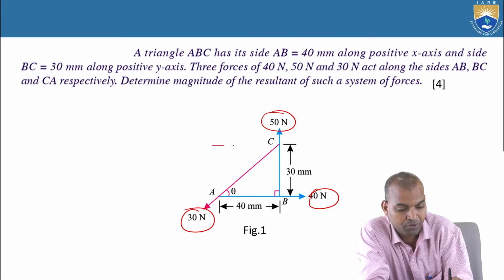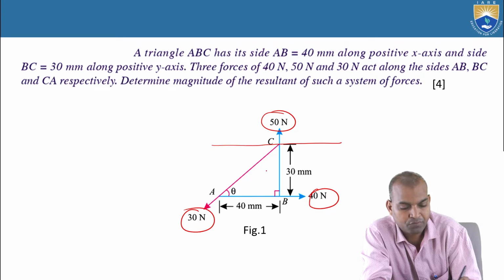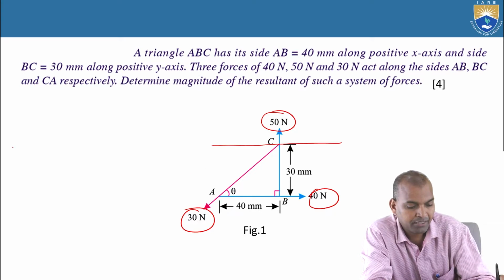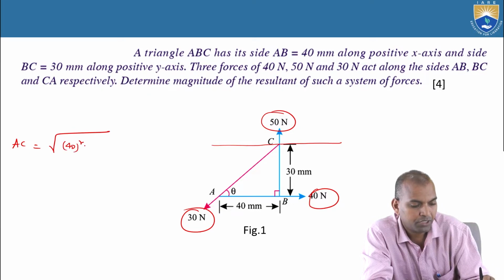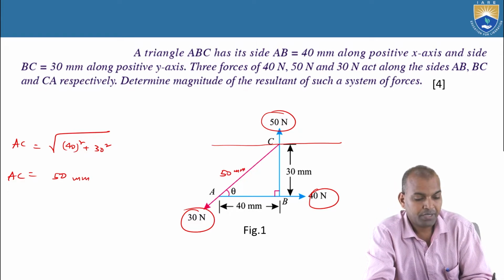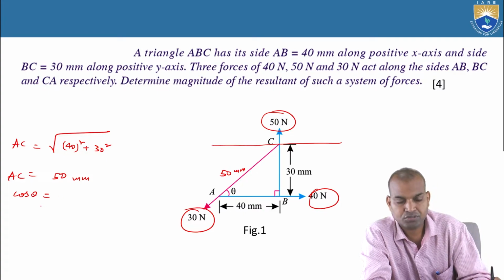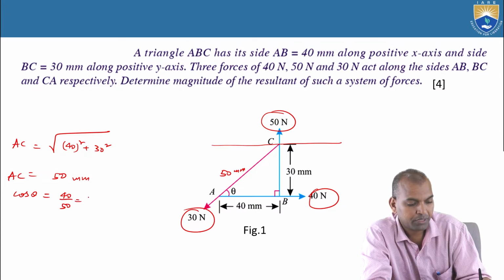That inclination can be found out. We know the adjacent side and we know the opposite side. What about the diagonal side? The diagonal side AC equals the square root of 40 squared plus 30 squared. Then it becomes 50. Now AC equals 50 millimeter. From this, cos theta equals 40 by 50, that becomes 0.8.